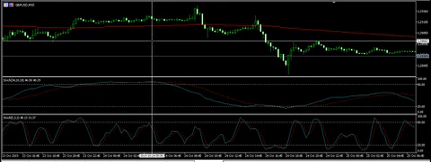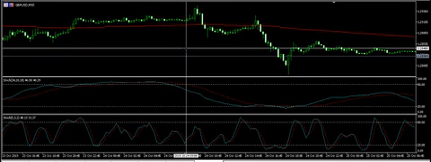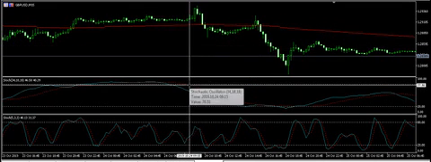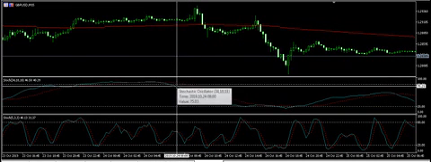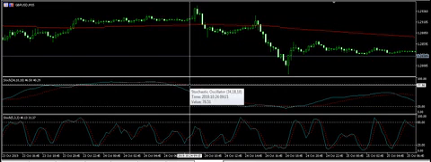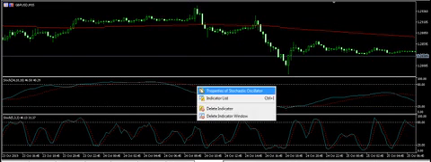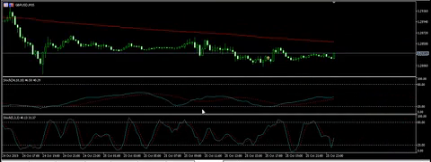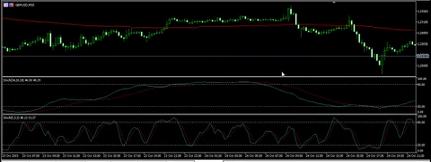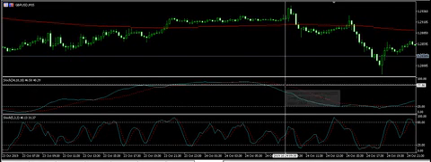So once we get confirmation at this point of time, the signal line is crossing. Here you can see that the signal line is crossing below the overbought zone.